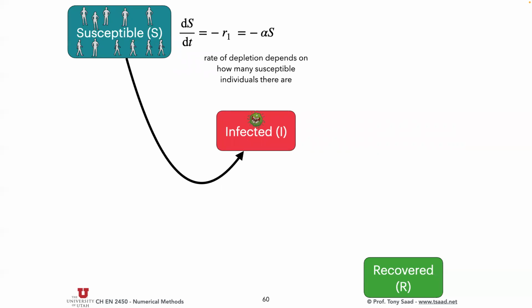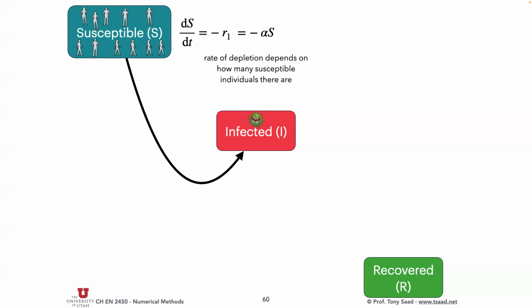So again, we go back to the idea that the rate of depletion of the susceptibles is minus alpha, some coefficient that is a property of the virus, we will see that later, times the population itself, S, so minus alpha S. You're with me? So the rate of the susceptible population is decreasing, so we have a negative sign, and it's decreasing at a rate of minus alpha S.